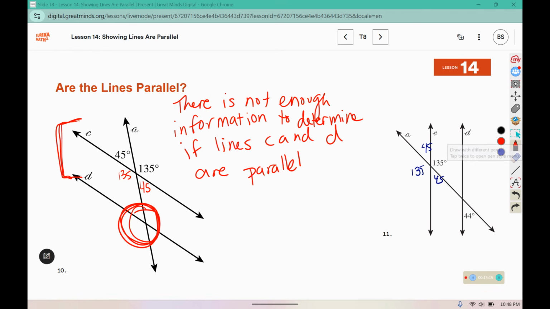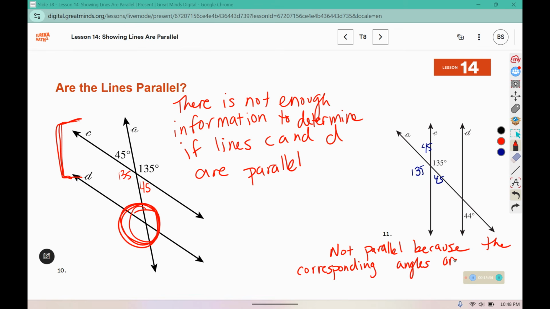So these are not parallel because the corresponding angles are not congruent. Congruent means they are the same. 44 and 45 are not the same.